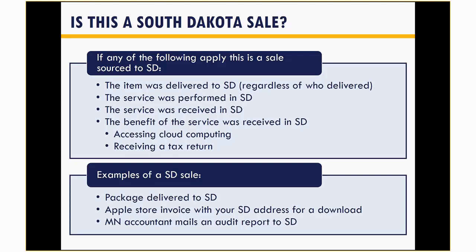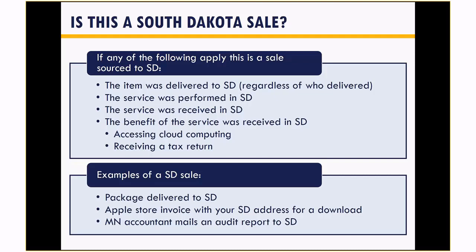This could be receiving an auditor's report. This could be receiving an item that was sent out of state to be repaired and was shipped back into South Dakota. You've received that repair service there.